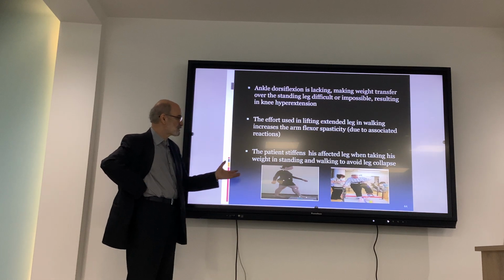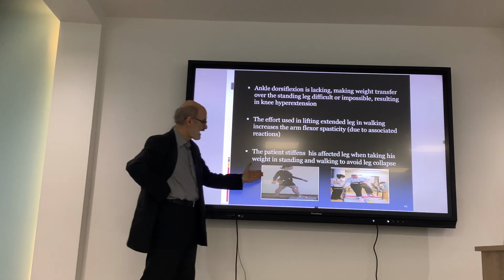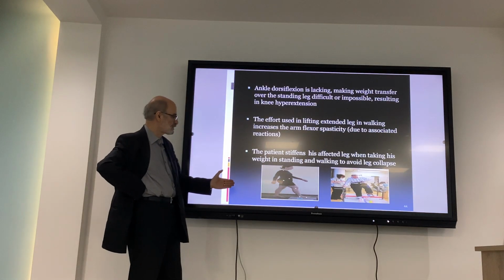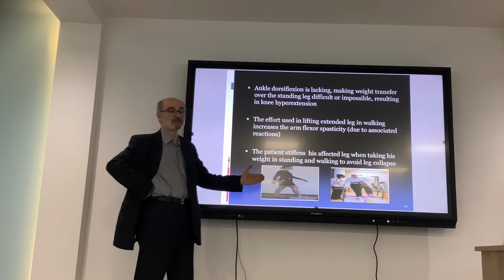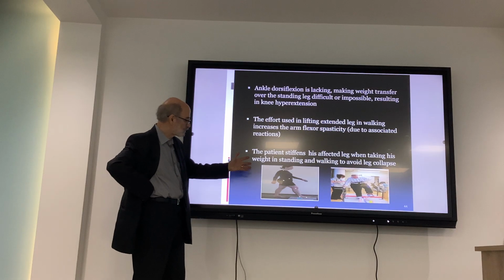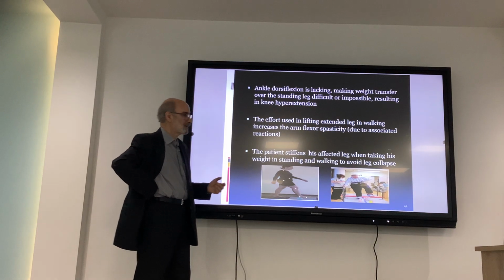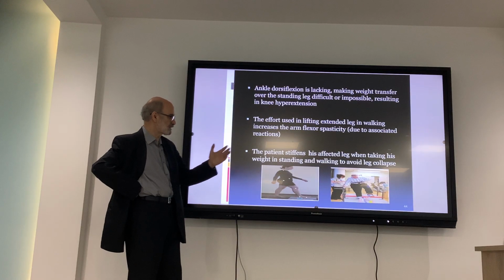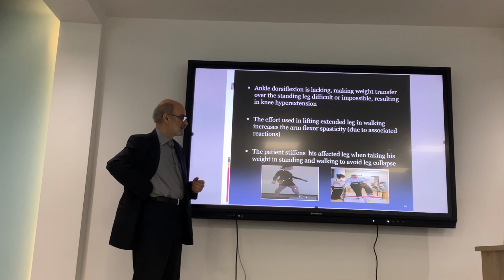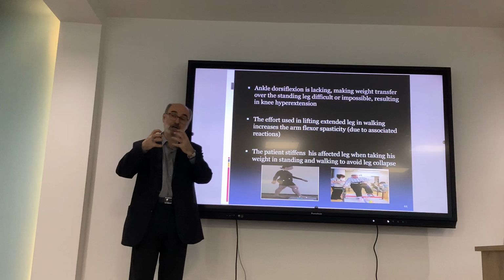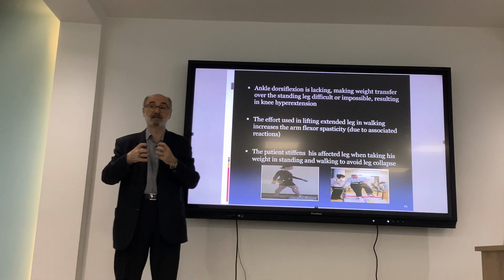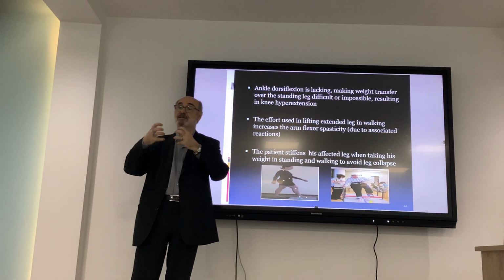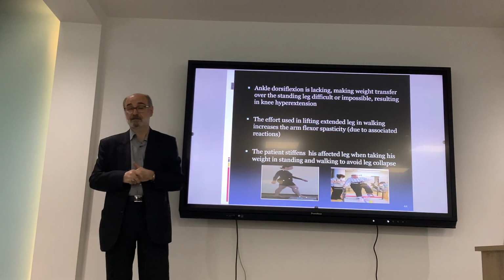For this reason, due to the lack of knee flexion and ankle dorsiflexion, they use a circumduction type of gait that leads to the stiffening of the lower extremity on the affected side. In this way, they can control the collapse of the leg on the affected side through the stiffening of the affected leg.